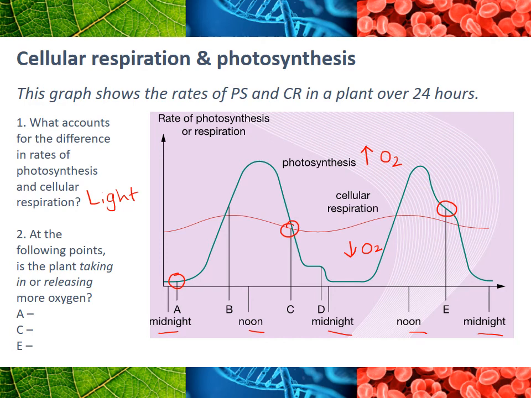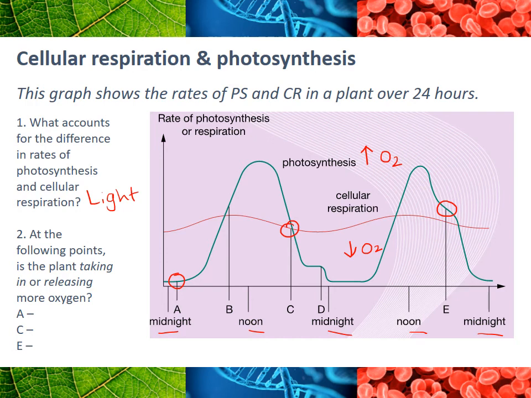Anytime photosynthesis is occurring more than respiration, oxygen is going to be released from the plant. Okay, so if we start with C, C is probably the easiest one. At C, the rate of respiration and the rate of photosynthesis is equal.